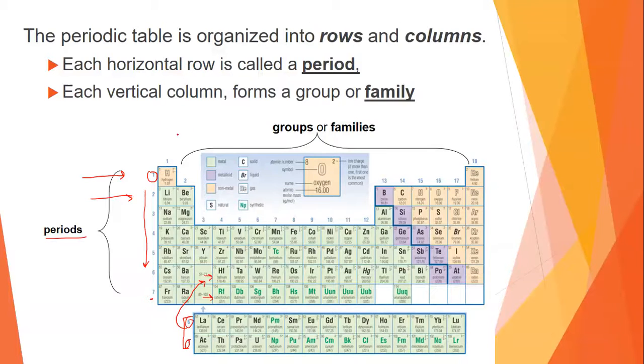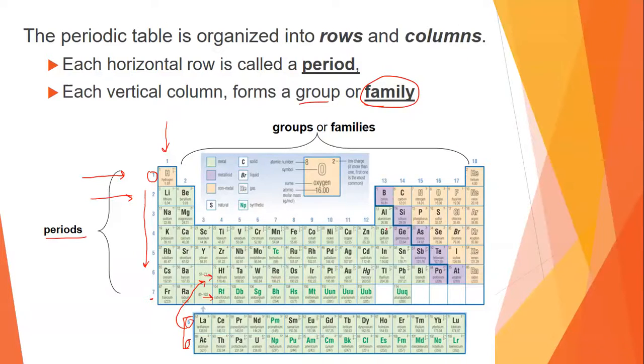Now, as we travel from left to right and we look at the vertical columns, these vertical columns are called groups or families. Okay. Now, we are going to spend the majority of our time in Chemistry 10 looking at Group 1, Group 2, Group 18, and Group 17 for the most part.